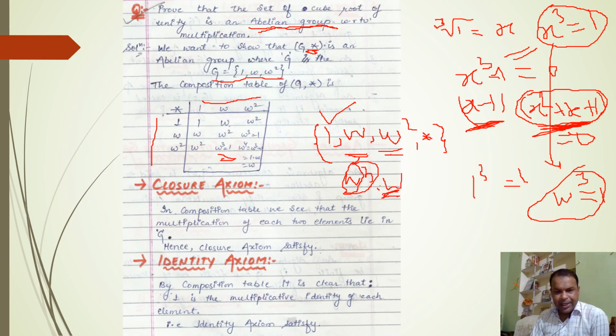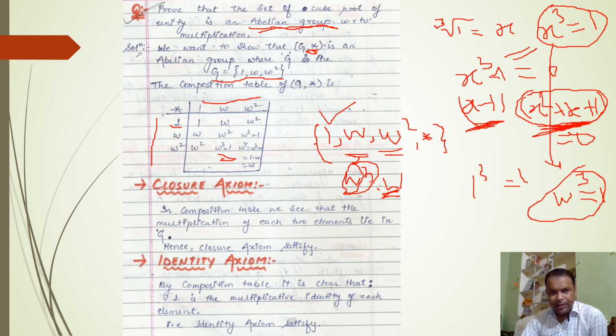Now we will check these 4 operations. First is the closure axiom. Here we see that the product of each element with each element is available in this composition table. It means after applying multiplication between any two elements, the result does not go outside this set.